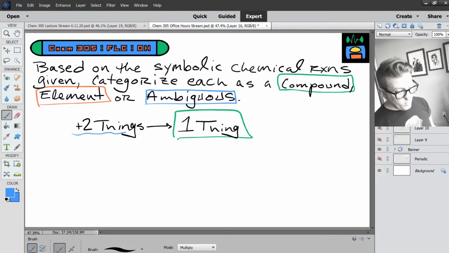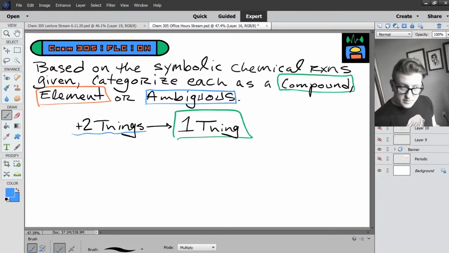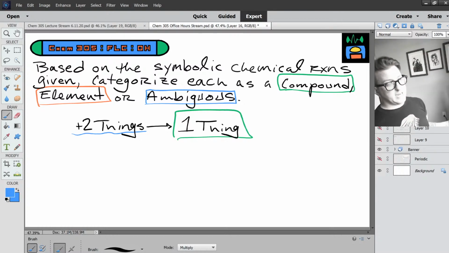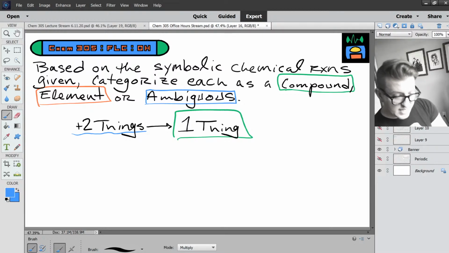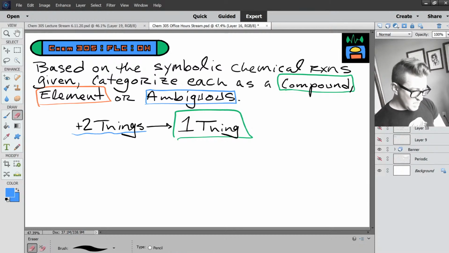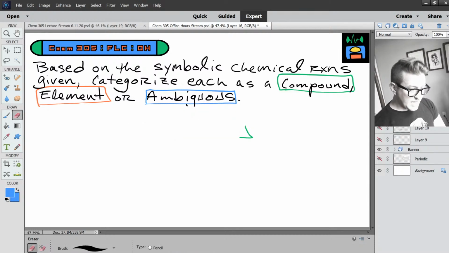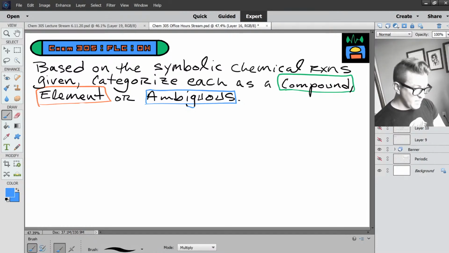But the two or more things are ambiguous. They could be two elements coming together, they could be an element and a compound coming together, or two compounds coming together. So again, when you have multiple things becoming one big thing... Oh wait, hang on. The multiple things aren't ambiguous. They could be anything. They are ambiguous. They could be anything. But the one thing that they're turning into, you know that that's a compound.